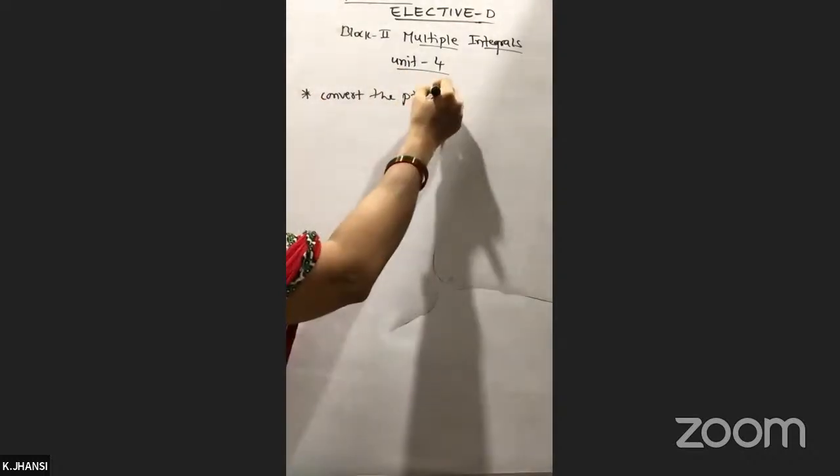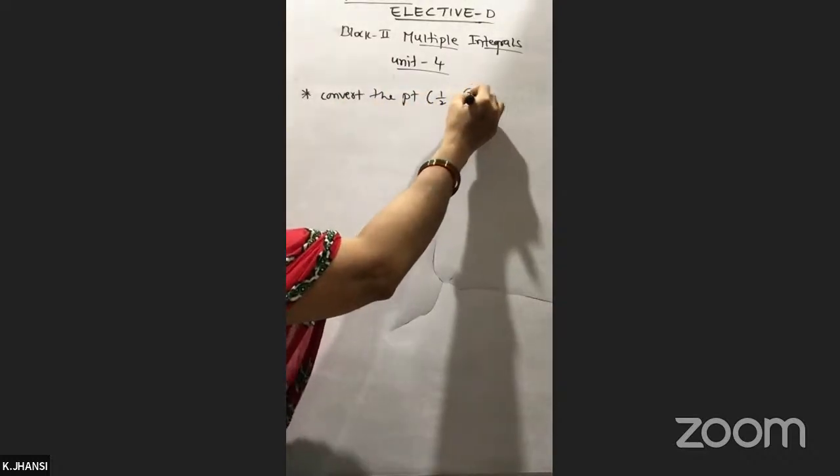Convert the point (1 by 2, root 3 by 2, 5) to cylindrical coordinates.